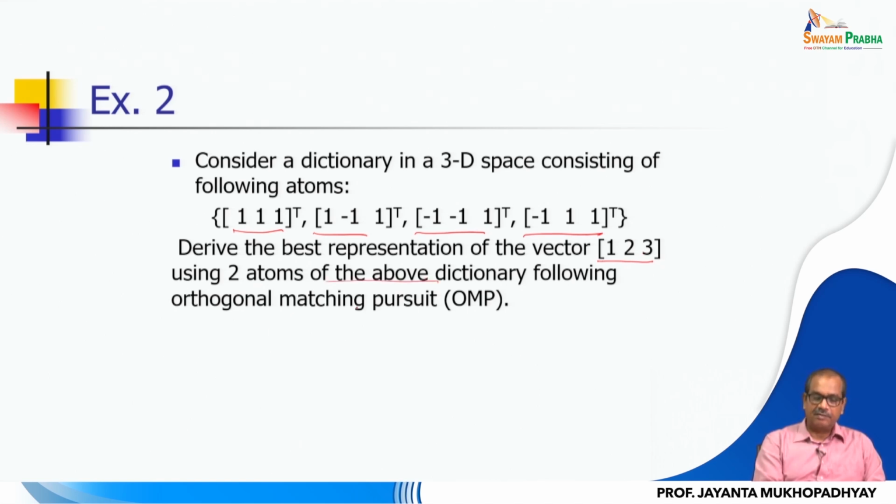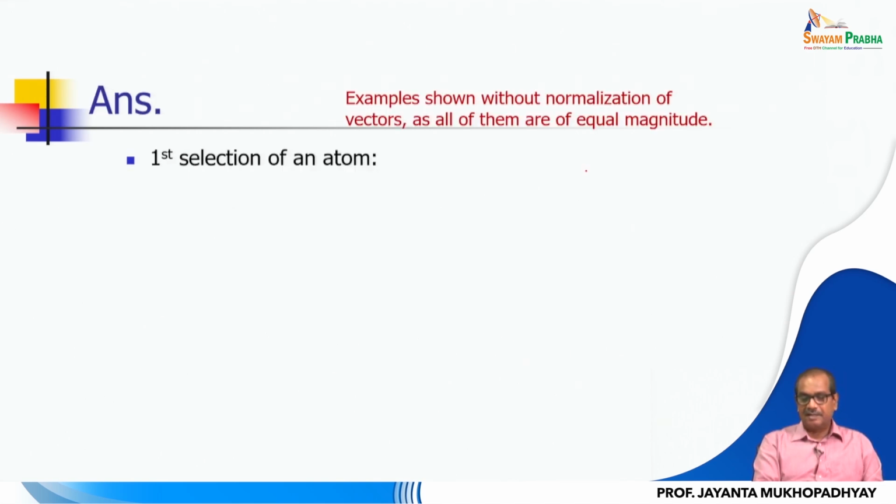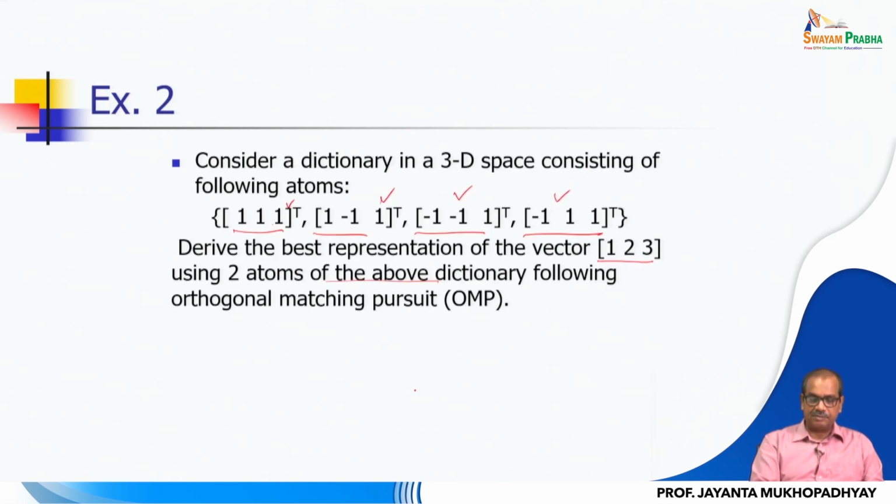Now let me first tell you that in our assumptions we considered each one of these atoms should be a unit vector, which is not the case here. So we have to normalize them. But we can avoid normalizing here because they are all of equal magnitude. If I take the magnitude, it is √3.